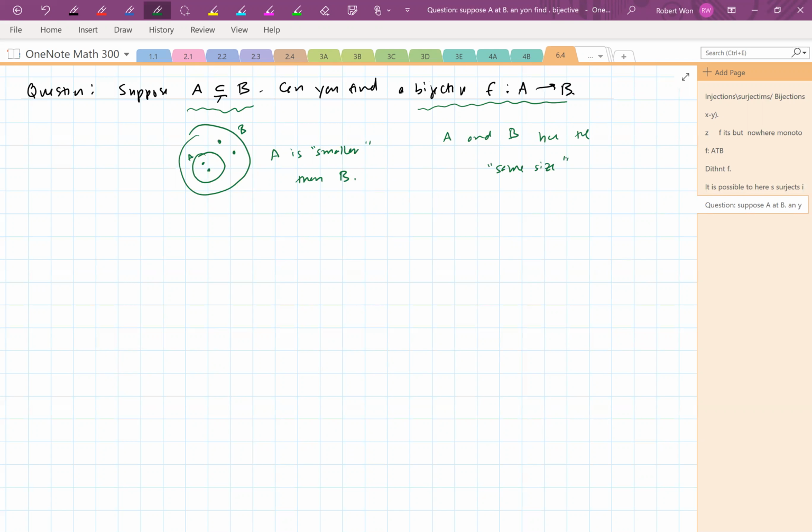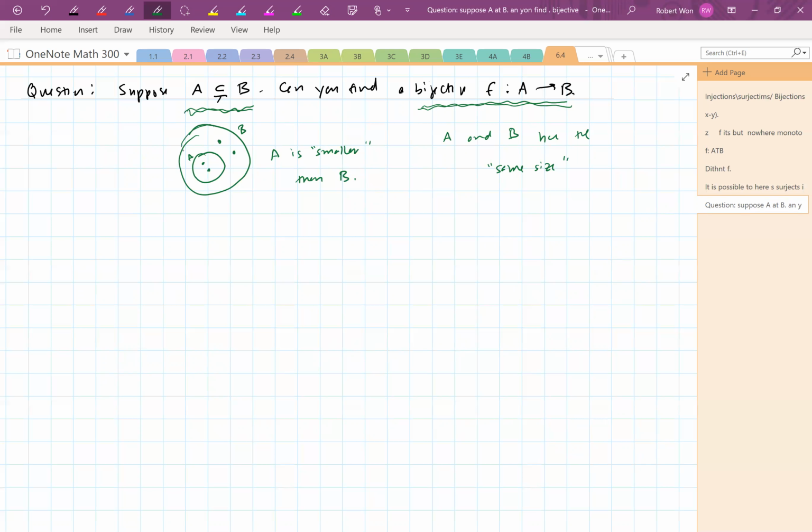If I'm trying to understand the intuition behind this, I would read this first condition as saying that A is smaller than B, and this condition as saying that A and B are the same size. So actually, one problem with this intuition is that it is only for finite sets.